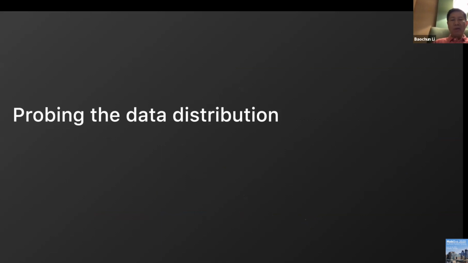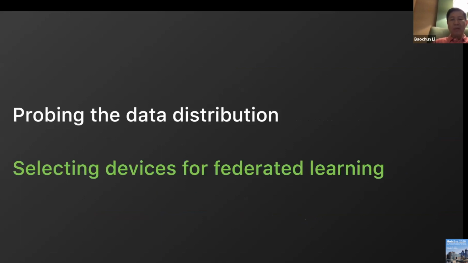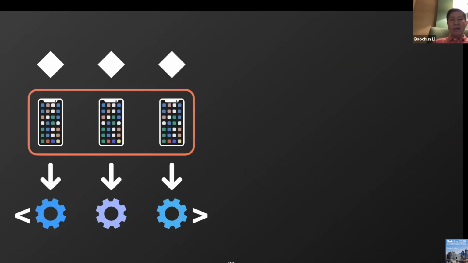So we have identified an implicit connection between the model weights and the data distribution. What we wanted to do is probe the data distribution and select the devices for federated learning. To do that, we don't want to choose too many devices within the same group. Since we have that clustering algorithm, we are able to identify which device is within which group.